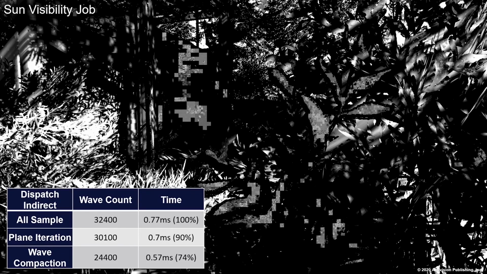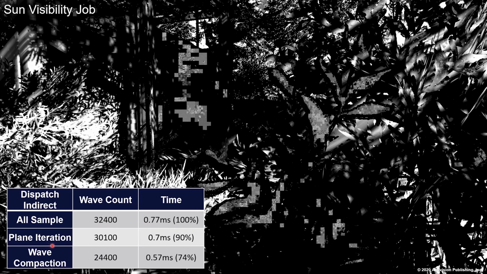So what about performance? If we look at one of our most expensive jobs, that is the sun visibility job, we can see that those methods allow a significant reduction in wave counts. If we would be using dispatch indirect with mostly naive all sample calculation for a 1080p image, we would end up issuing 32,000 waves at a cost of 0.77 millisecond.